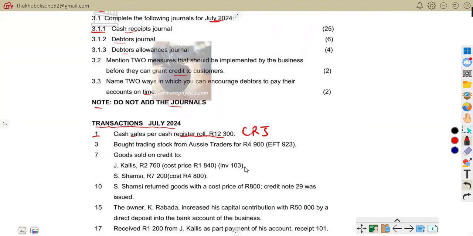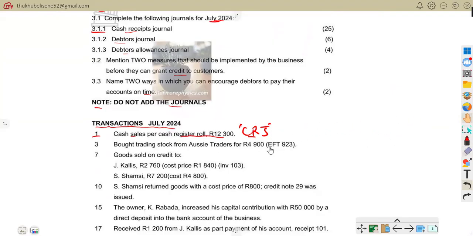The rule about the cash receipt journal is that it records all money received. That is the rule about the CRJ, cash receipt journal. It records all money receipts. Hope you get that very well.